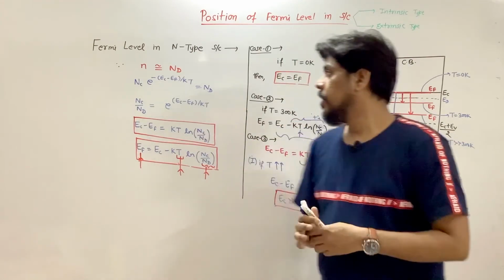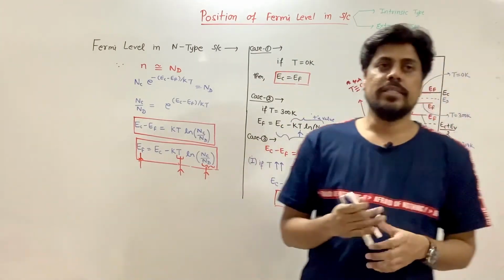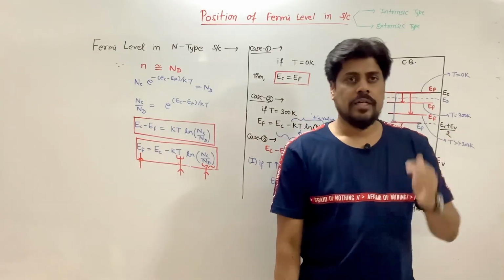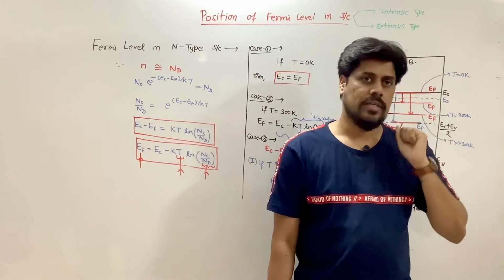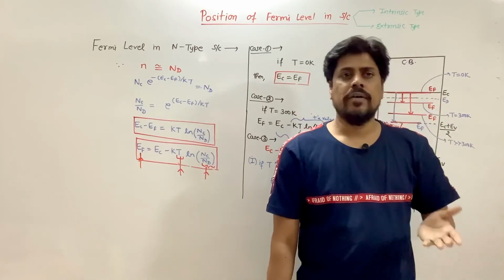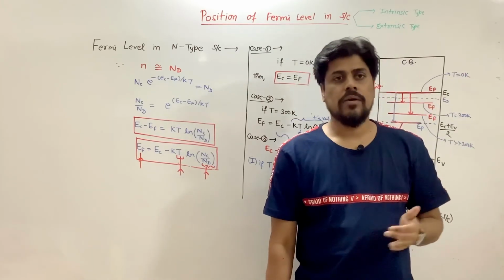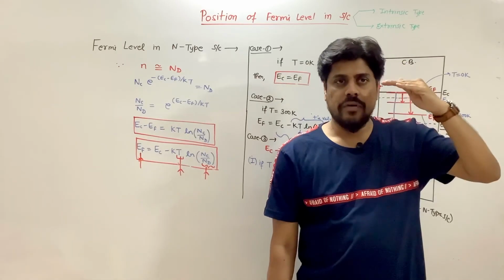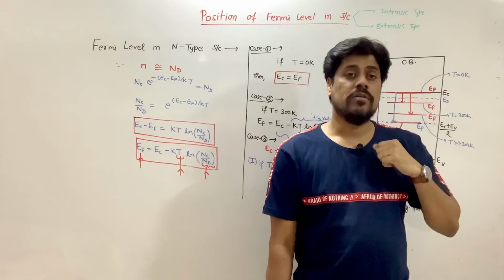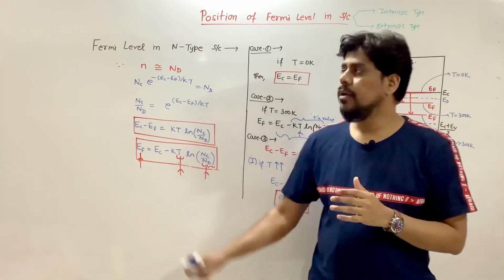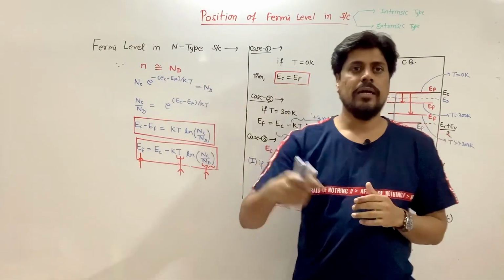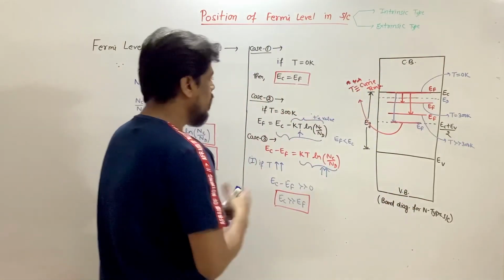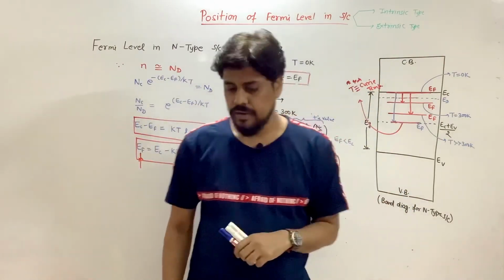This is the important point: for extrinsic semiconductor, on increasing temperature the conductivity decreases continuously. In other words, if the Fermi level goes towards the mid of the band gap, or away from the conduction band, then the conductivity of the material decreases. So these three are the cases. One more case here. Let me rub this first, then I will discuss.